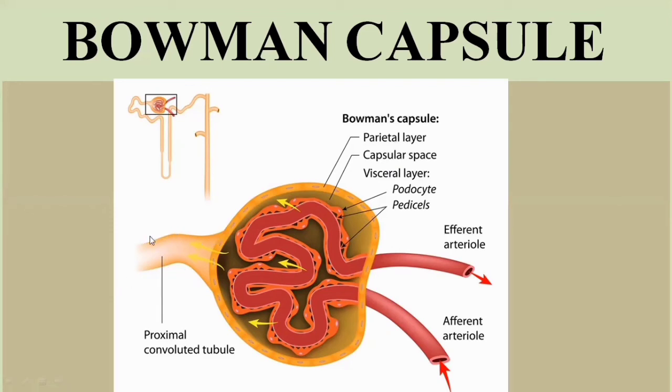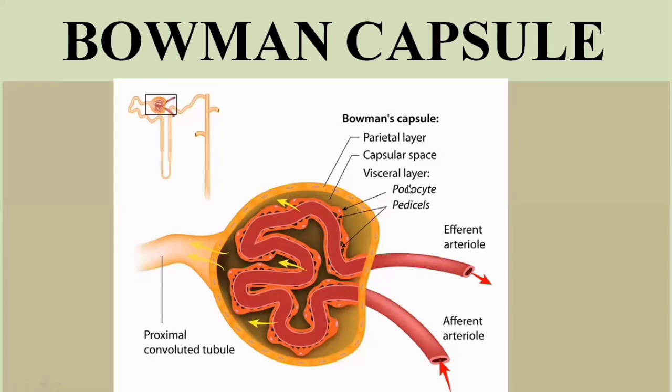From here the tubular portion of the nephron starts. It extends as epithelial cells, and the tubular portion of the nephron is made.